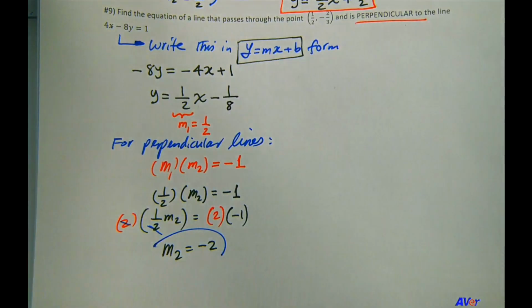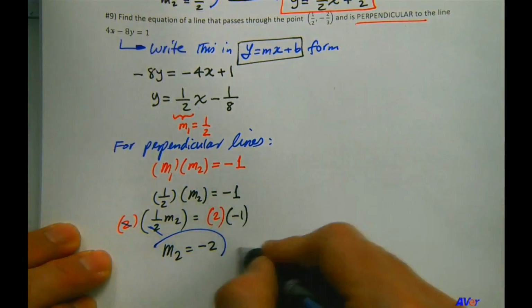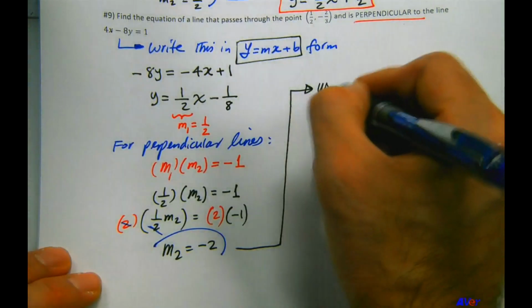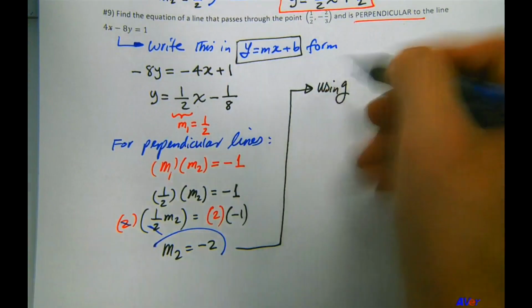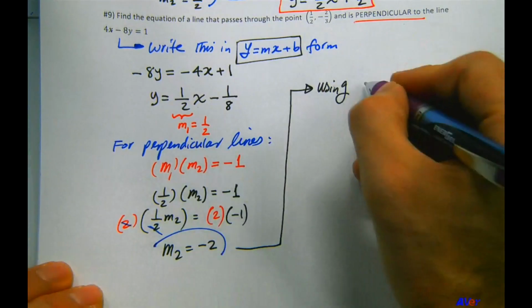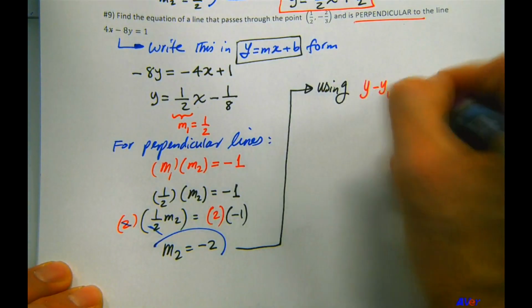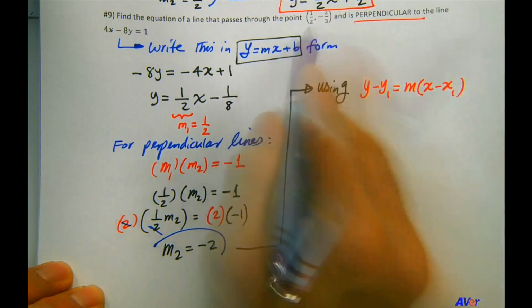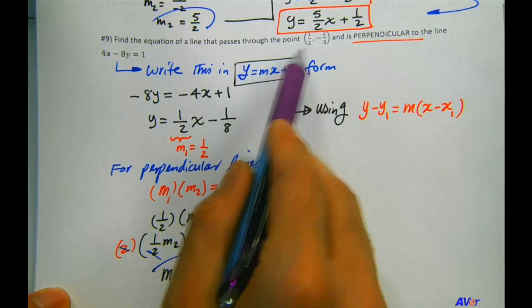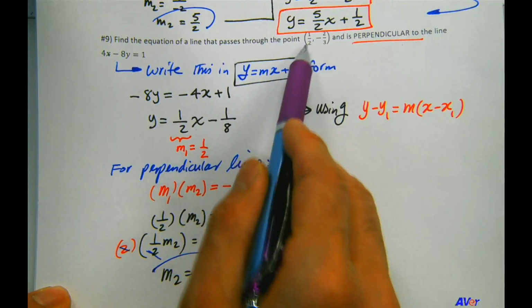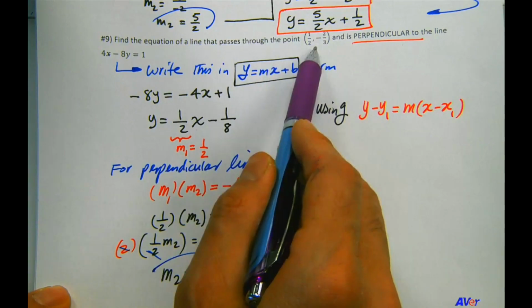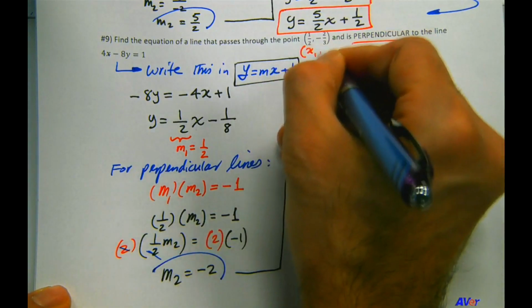So now, using this equation, y minus y1 equals m times x minus x1, we already know what x1 comma y1 is, right? That's the point that the perpendicular line has to pass through.